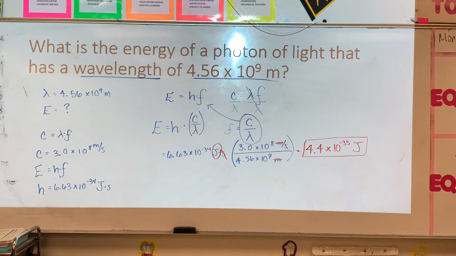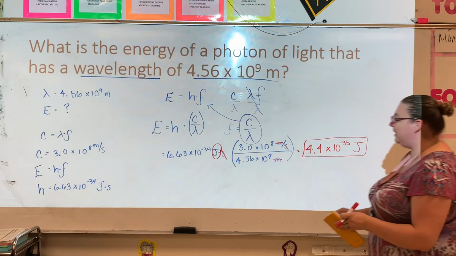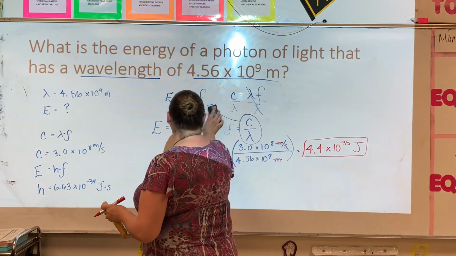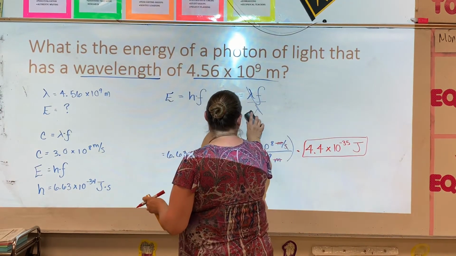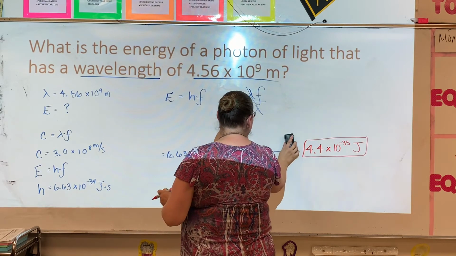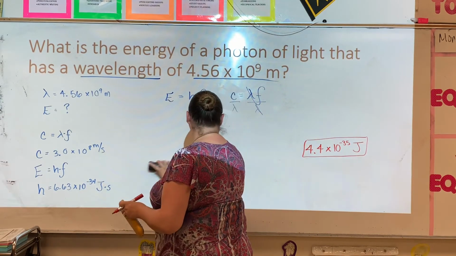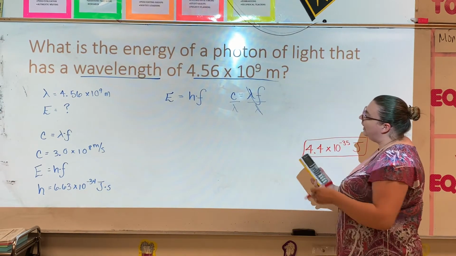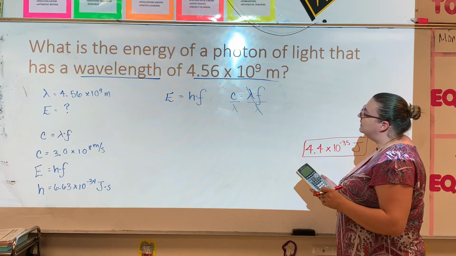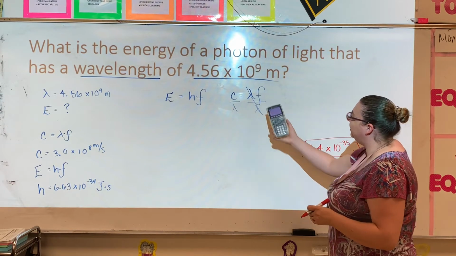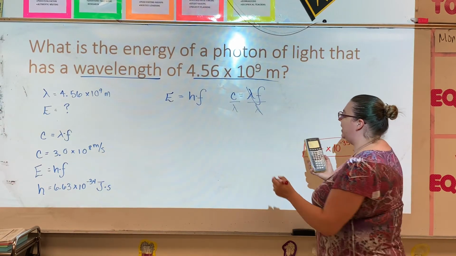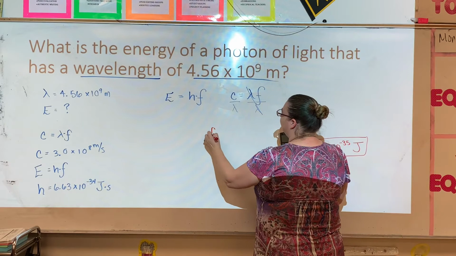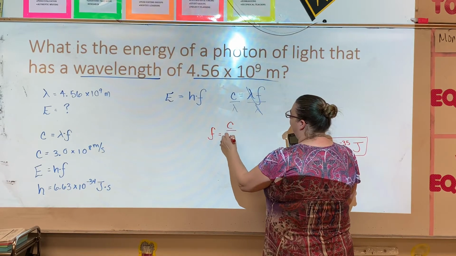So that is one way to do this. Now I'm going to leave that answer there, and I'm simply going to go back and erase. So we have that the frequency is equal to the speed of light divided by the wavelength.